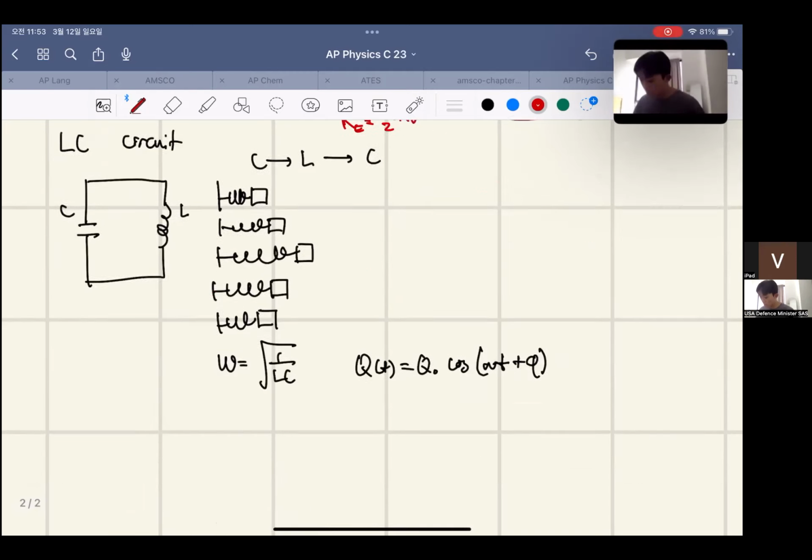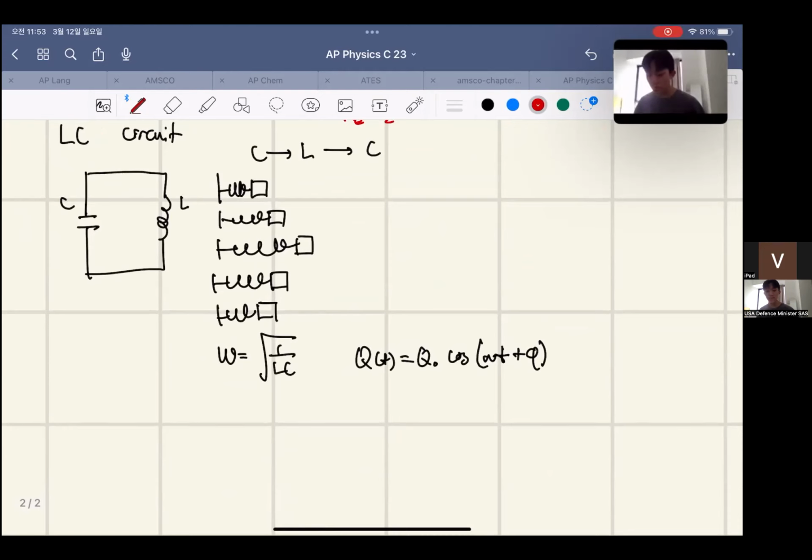So that's one thing you would have to know about RL circuits. Now let's move on to the hardest part probably, which is the LC circuit. Now, the LC circuit is in fact similar to something we learned before, which is simple harmonic motion. As I mentioned just now, both capacitors and inductors can work as storing energy, which is similar to simple harmonic motion. If we think about simple harmonic motion, we have two sources that are storing energy.